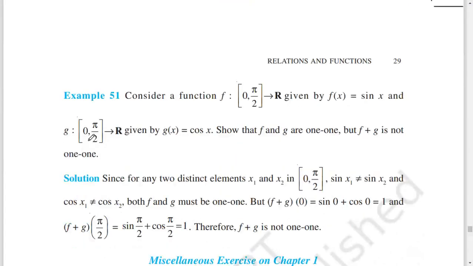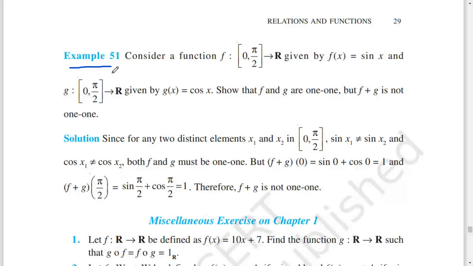Example 51. Consider a function f: [0, π/2] → R given by f(x) = sin x, and g: [0, π/2] → R given by g(x) = cos x. Show that f and g are one-one, but f + g is not one-one. Solution.